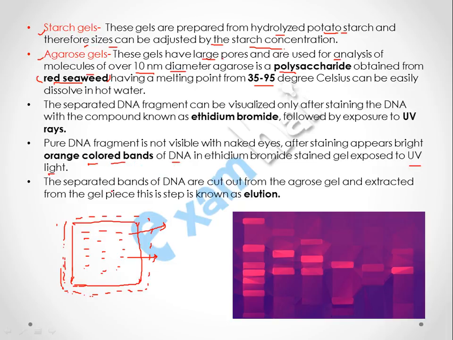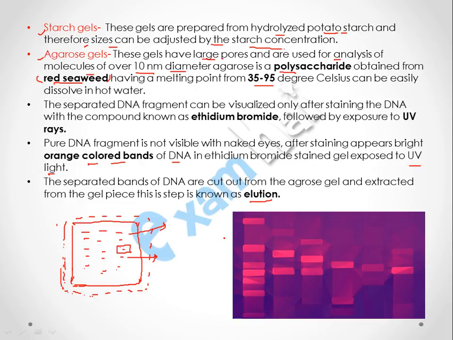Okay, then the separated band of DNA is cut. Like if we consider this as our DNA of interest, we will cut it from here from the agarose gel, and then we will extract this DNA from this gel piece, and this step is called elution.